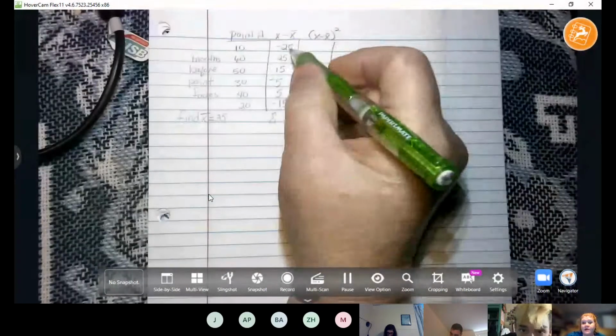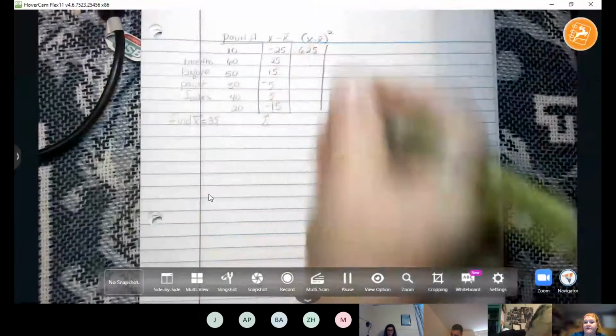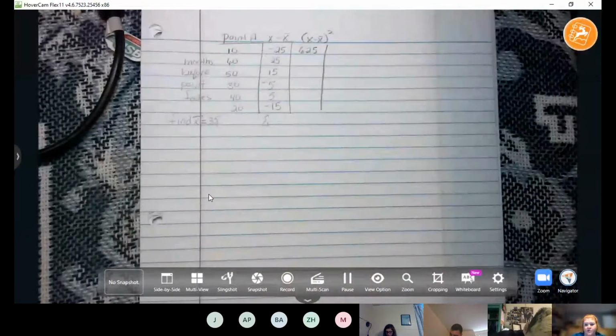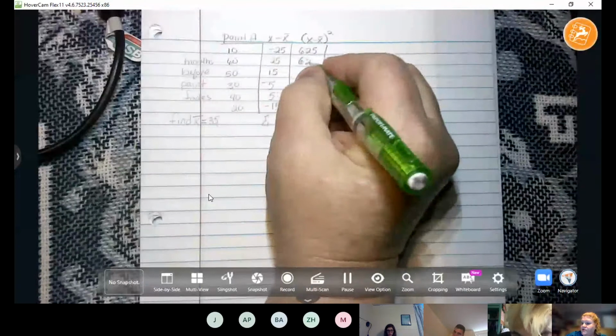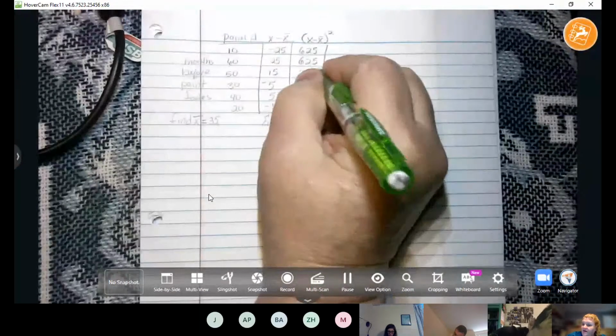So we want to square -25, which gives us 625. We want to square 25 again, that gives us 625. We want to square 15, which gives us 225.